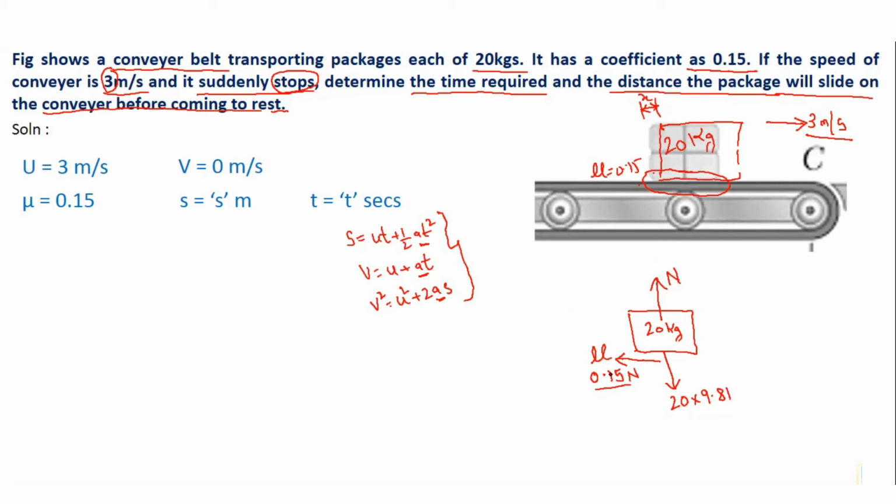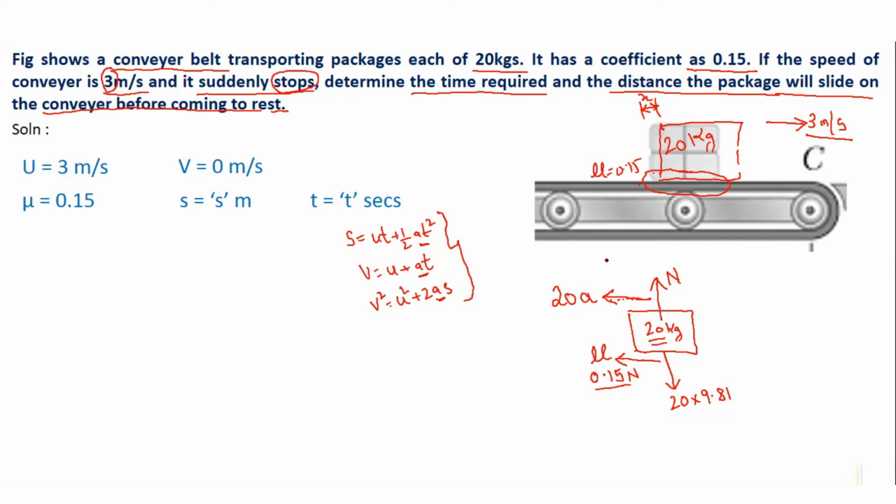Next step is to show the D'Alembert force, which, as we know, is in the direction opposite to the direction of acceleration. Hence I will make one force here in the direction opposite to acceleration, and the value will be m into a, that is 20 into a, because mass is given as 20.